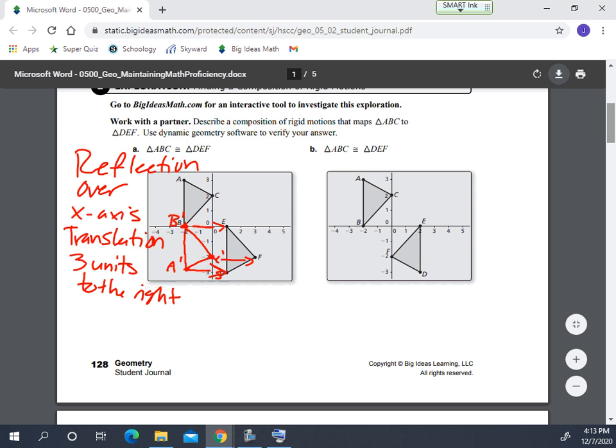Part B. Part B is just a 180-degree rotation around the origin.